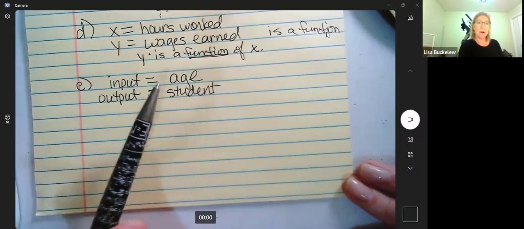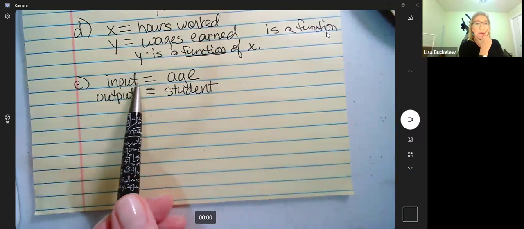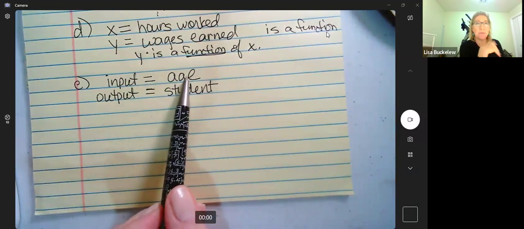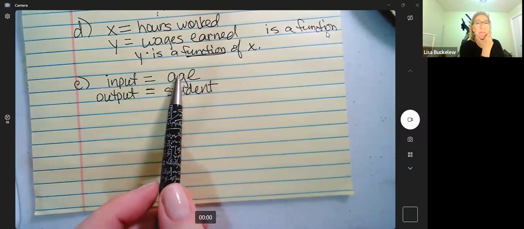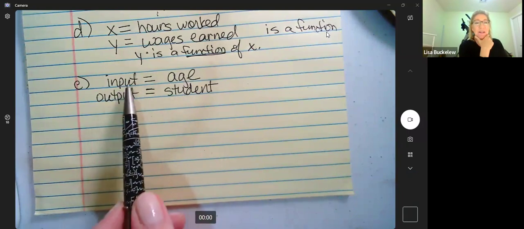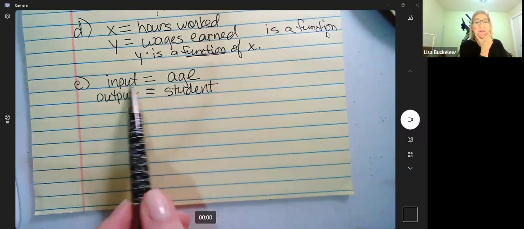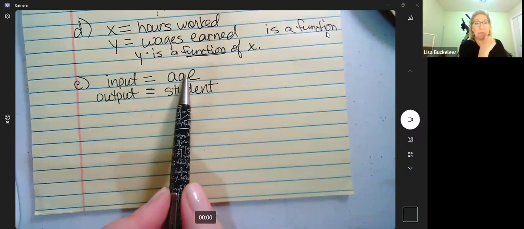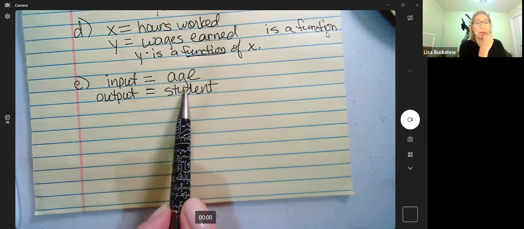And then here was one more, where we decided that our inputs were a person's age. Let's say we're talking about our students, all that HIPAA information I really am not allowed to have on you anyway, but let's pretend. So the inputs are a specific age, and the outputs would be the student with that age in our class.